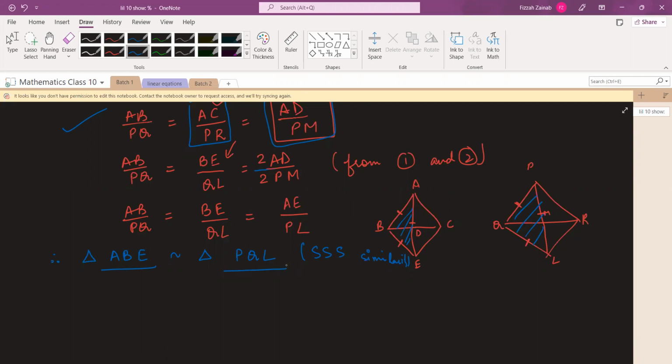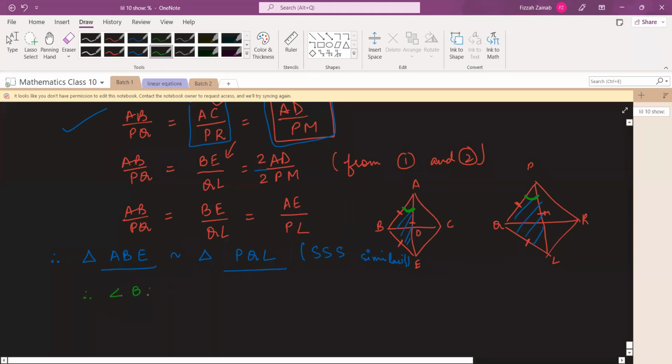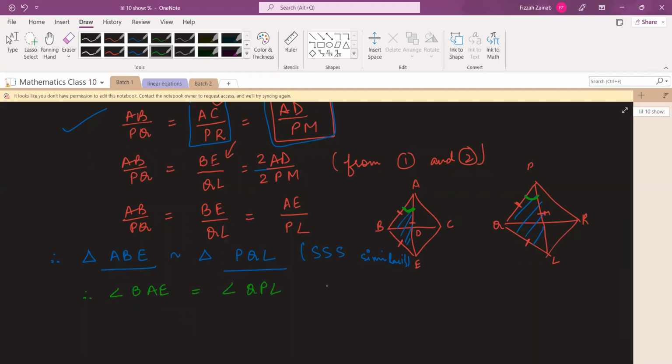Yes, ma'am. So let us name some triangle. This angle will be equal to this angle, correct? Yes, ma'am. So therefore we can say that angle BAE will be equal to angle QPL. Let me call it result 3.